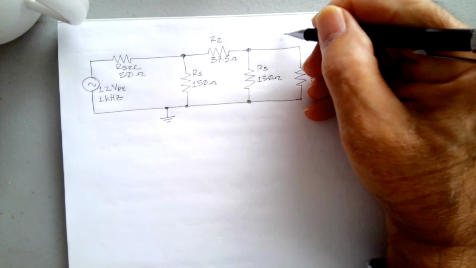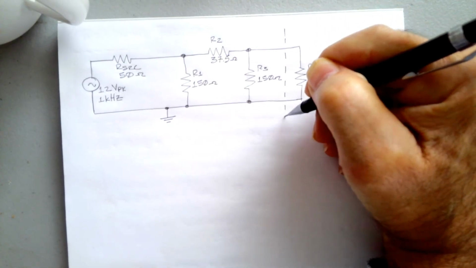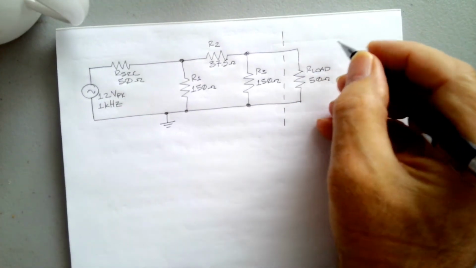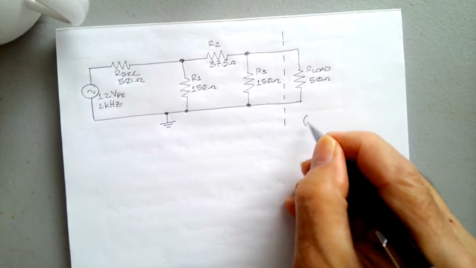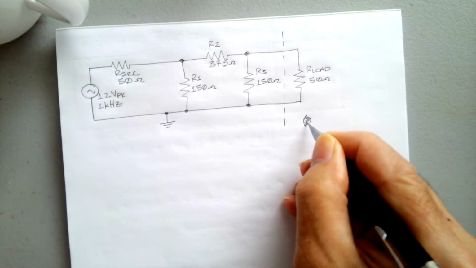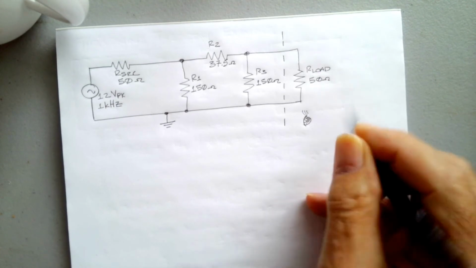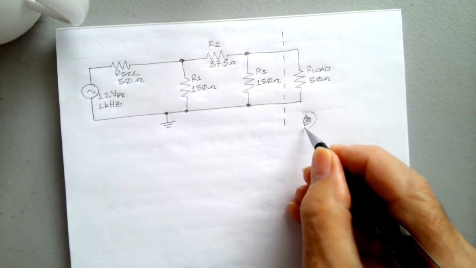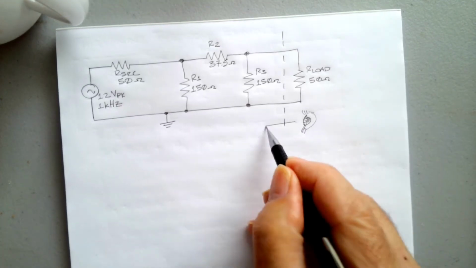So let's just say we look back here from the load, and we're going to do kind of a spooky thing here. This is the hairy eyeball looking back into our circuit like that.